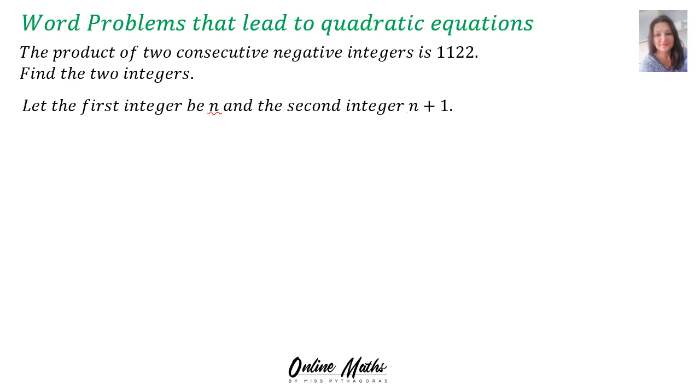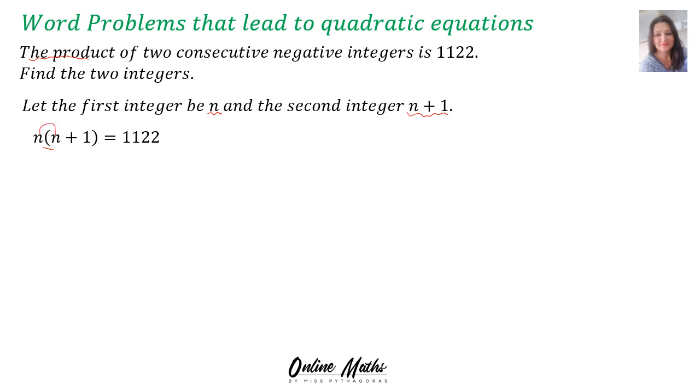That means it's n plus 1. Now let's make an equation. Therefore, the question said the product. Product means multiplication. Therefore, it's n bracket n plus 1, since bracket means multiplication, is equal to 1122.